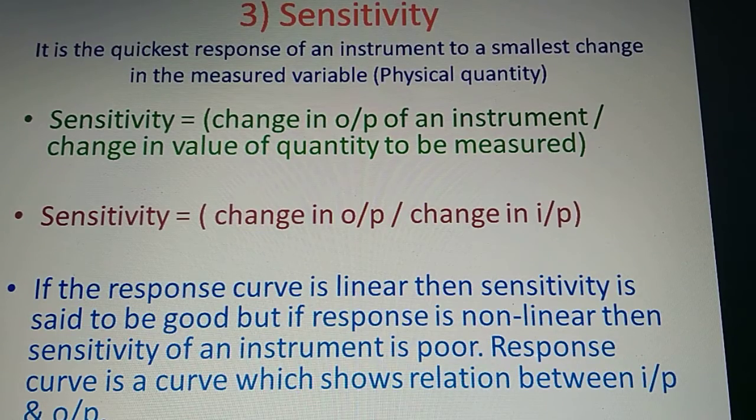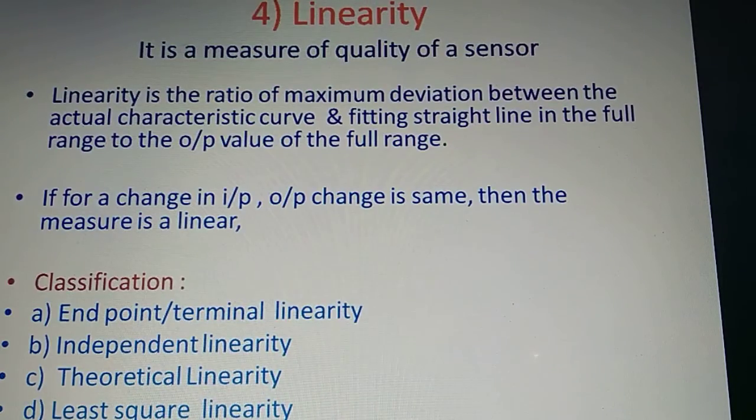The next static characteristic of the sensor is sensitivity, which is the quickest response of an instrument to the smallest change in the measured variable. Therefore sensitivity is the ratio of change in output to the change in input. And what is meant by response curve we have already studied last time.